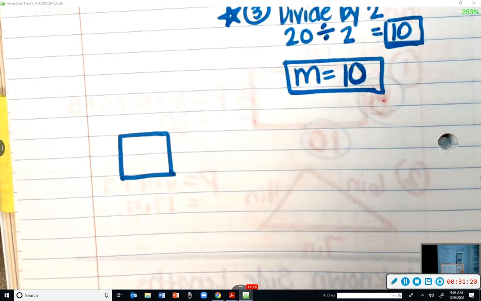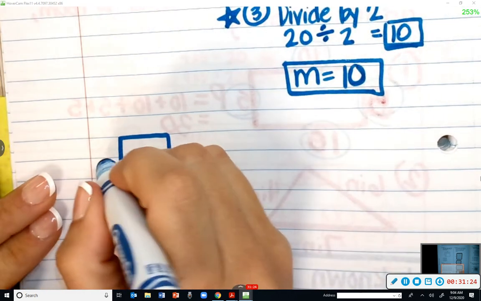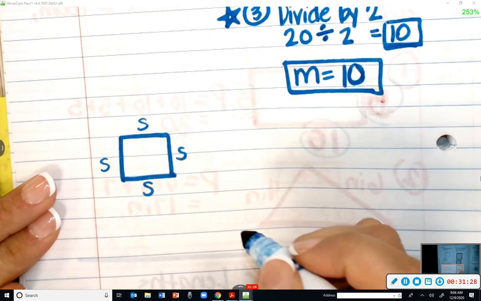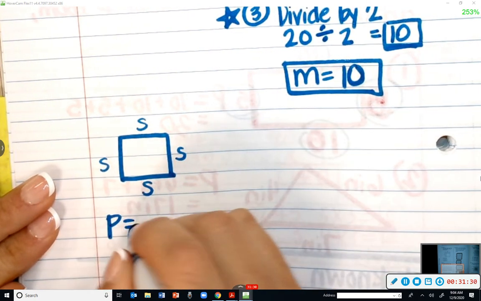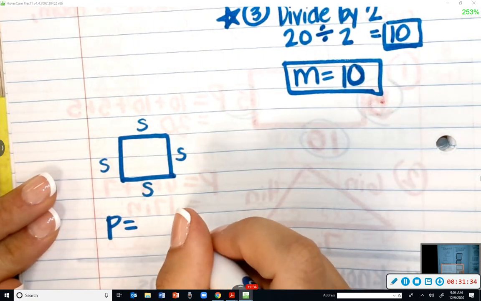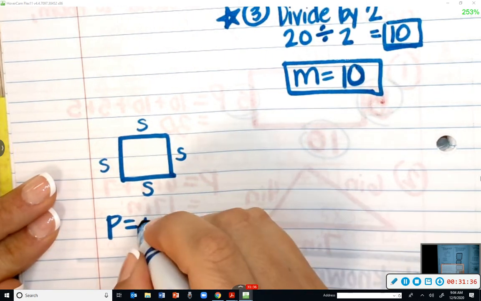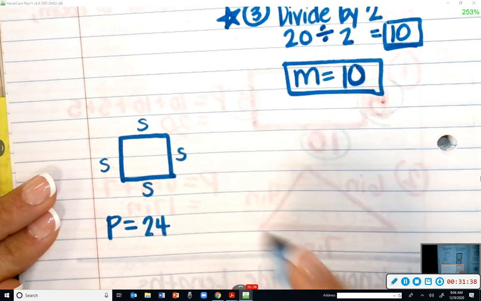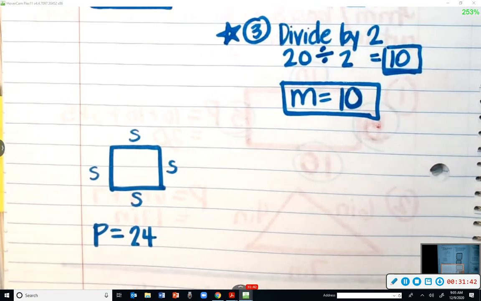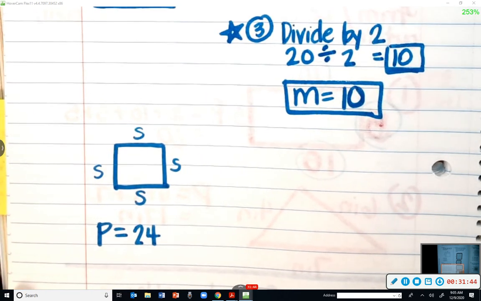So who remembers what you would do for a perfect square if all the sides are the same? And the perimeter, let's just say it equals 24. How am I going to figure out what this S equals?